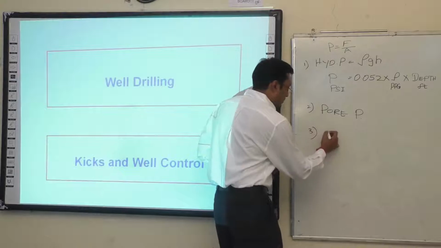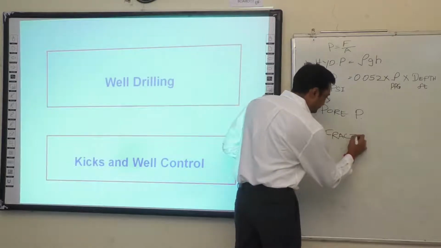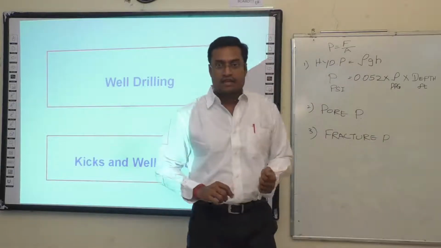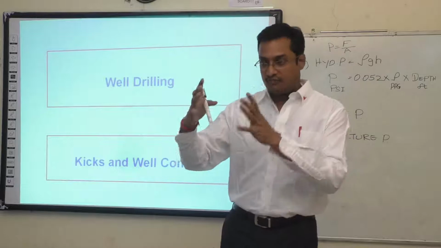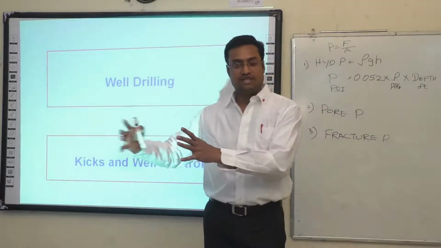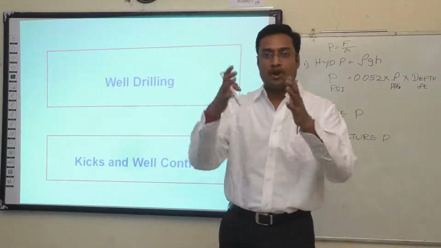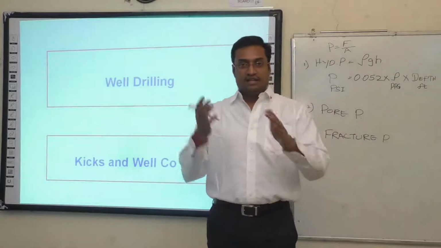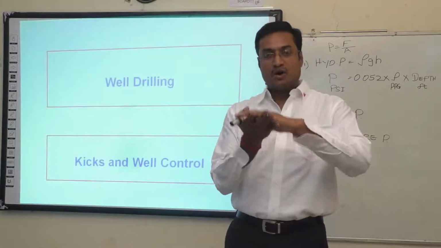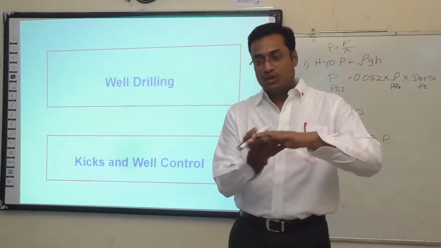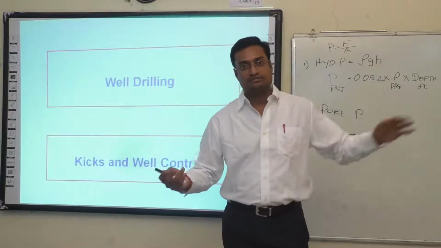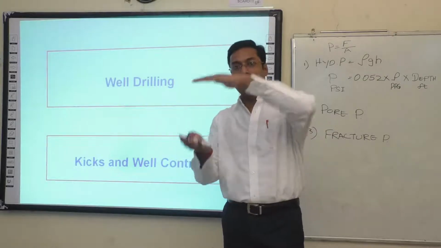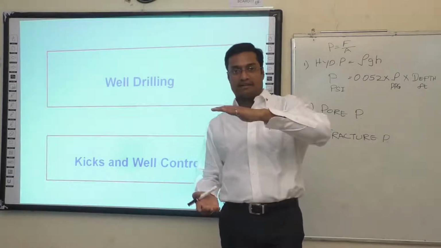Then we talk about fracture pressure. So we talked about the void space and the fluid pressure, which is pore pressure. But now we are going to talk about the rock matrix, which is basically the formation or the earth. During the sedimentation process, because of sediments going on top of it, one layer above another, this gets compacted.